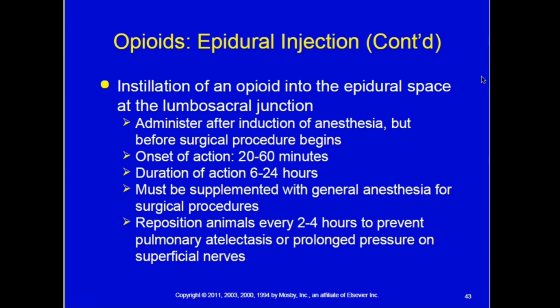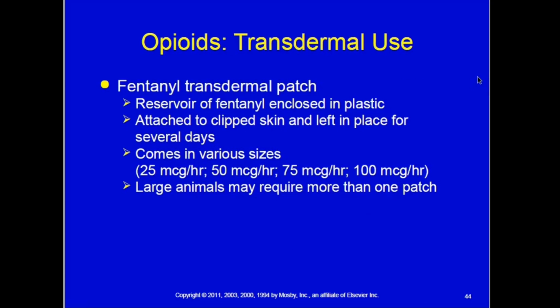We have to reposition all the patients every 2 to 4 hours to prevent pulmonary atelectasis or prolonged pressure on the superficial nerves. Now opioids, those opioids which are lipid soluble. This is very important.